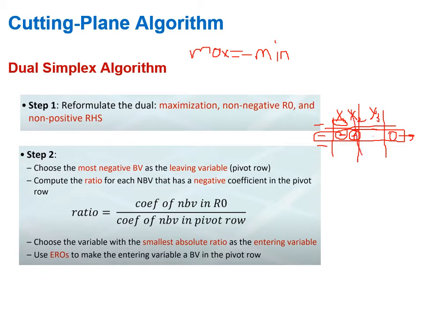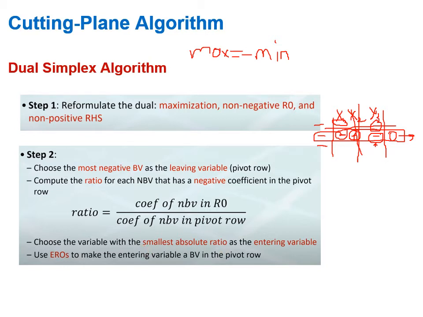Again, if this is negative, then we take the ratio of x3 in row 0 to this value. Basically the ratio is the coefficient of the non-basic variable in row 0, of course it should be non-basic, to the coefficient of that non-basic variable in the pivot row. And then which one should we select? Again, we select the smallest ratio.